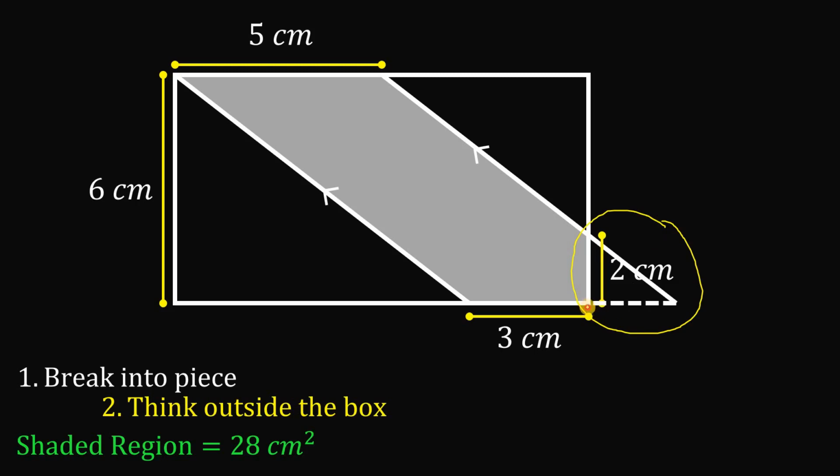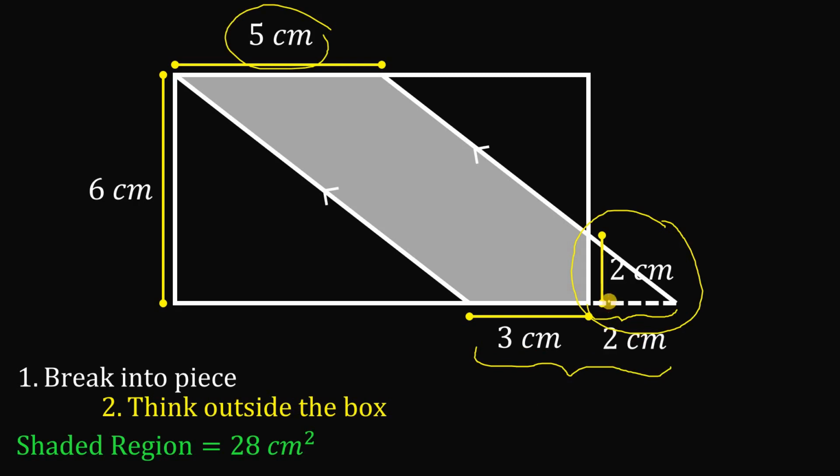And the question is, what is the length of this piece? Take note, this is a parallelogram. Opposite sides are equal, so if this is 5 centimeters, the whole thing is also 5 centimeters. We have 3 centimeters, so the other segment must be equal to 2 centimeters.